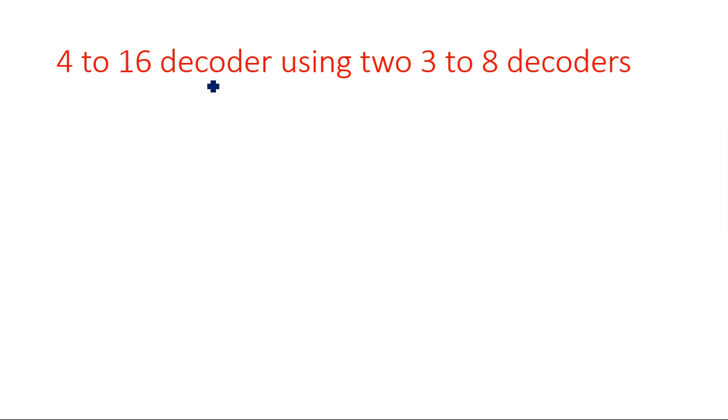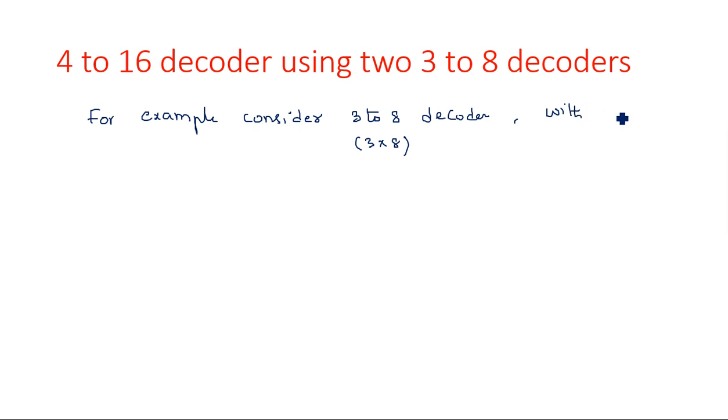Okay. So along with the inputs A, B, C, we also have one enable pin. Suppose you take a 3 to 8 decoder, for example, consider a 3 to 8 decoder, also represented as 3 by 8, like this 3 into 8 decoder with active high enable pin.